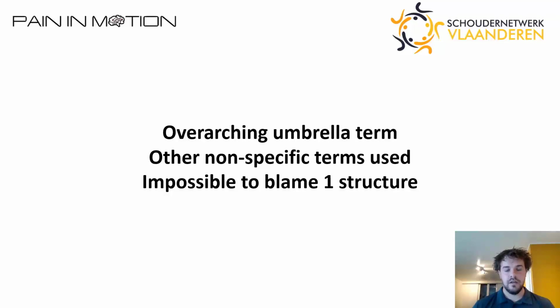So it is an overarching umbrella term, and lots of other more non-specific terms have been used currently, previously, and will probably be used in the future, such as subacromial pain and the much debated subacromial impingement syndrome.